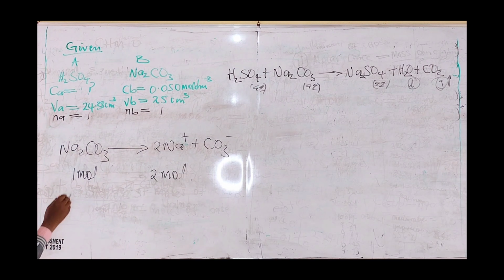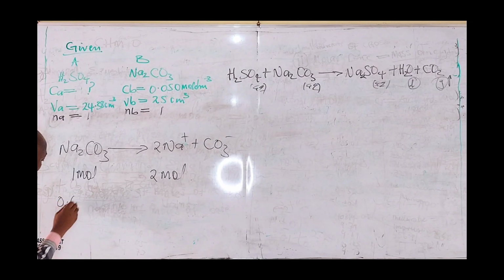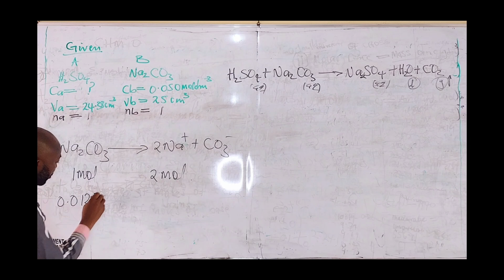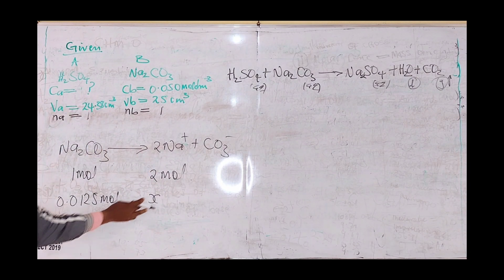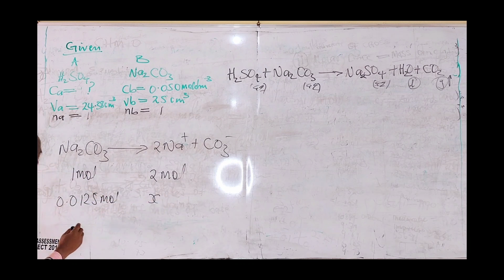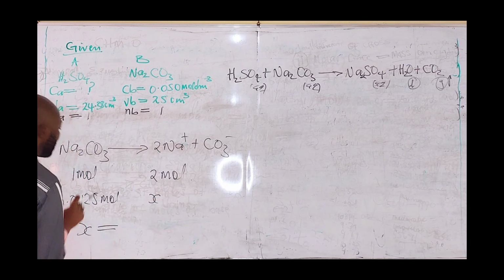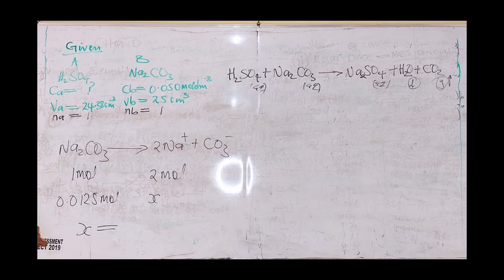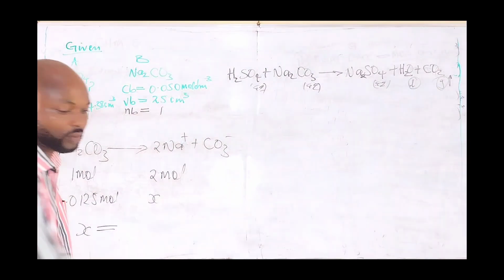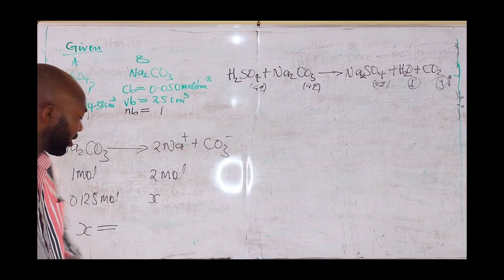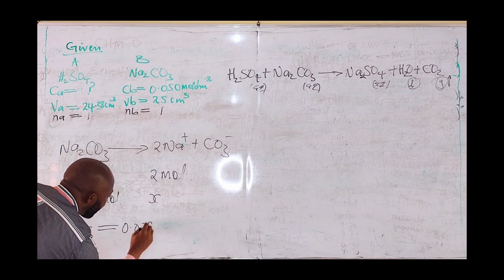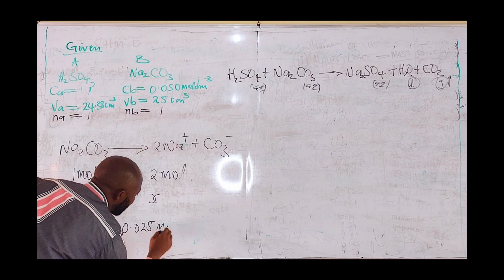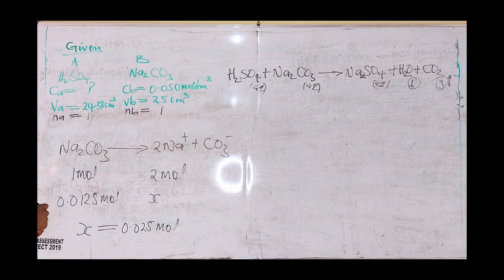Then 0.0125 mole will give me what? X. So if I cross multiply, I will have my X to be this times this, which is 0.0125 times 2, which is 0.025 mole of sodium.